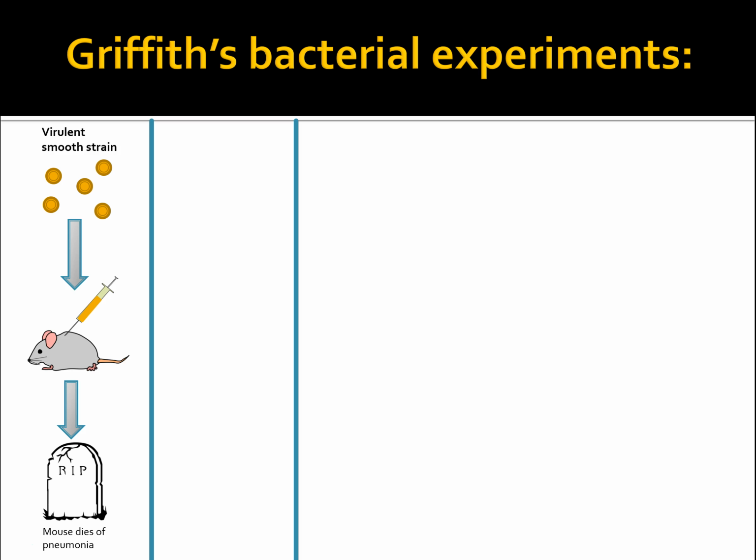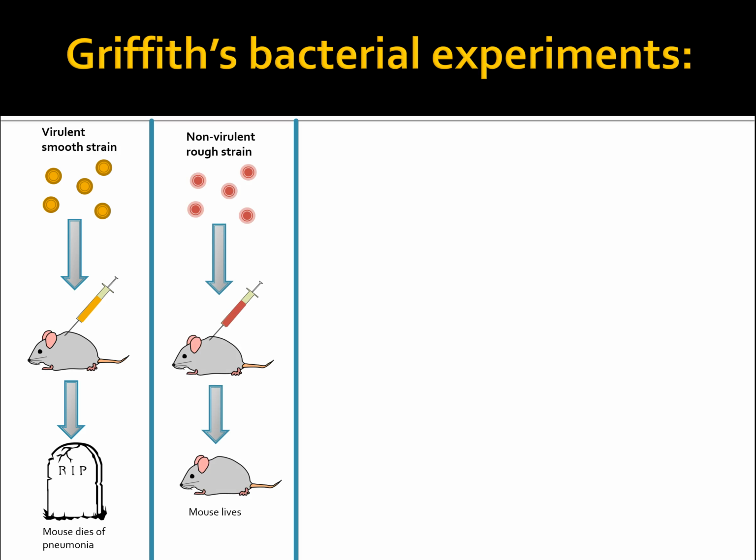When you inject a mouse with the virulent smooth strain, the disease-causing strain, it died of pneumonia, which was to be expected. And then again, to be expected, when you injected a mouse with the non-virulent rough strain, the harmless strain, the mouse was able to live because that was not a disease-causing form of the bacteria.